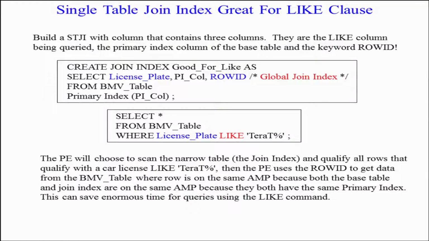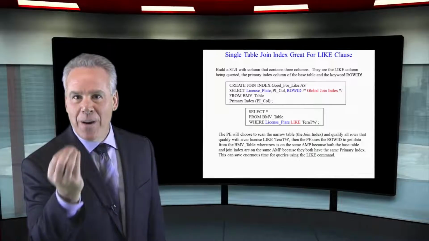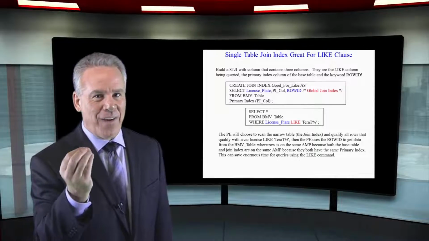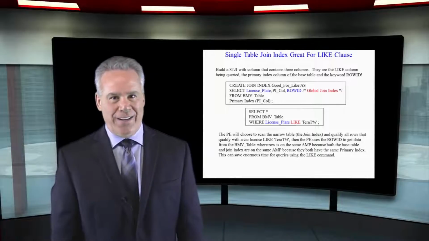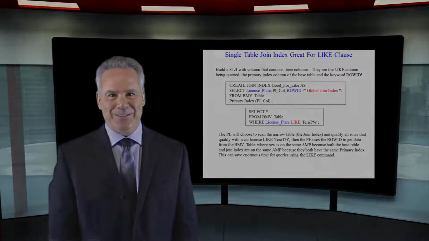Go down to the join index and find the license plates that start with Tera. When you find all of those rows, maybe there's 100 of them, get the row IDs in that join index and quickly go find only the rows above that qualify. That is the genius of using the row ID in your join index.